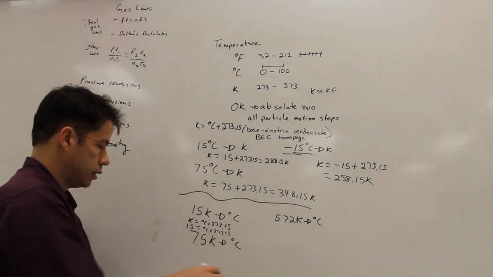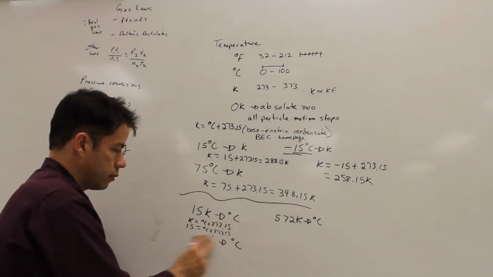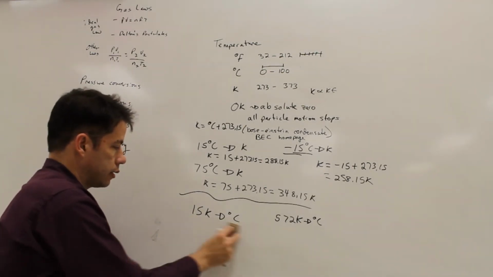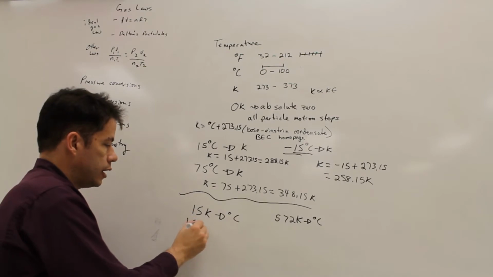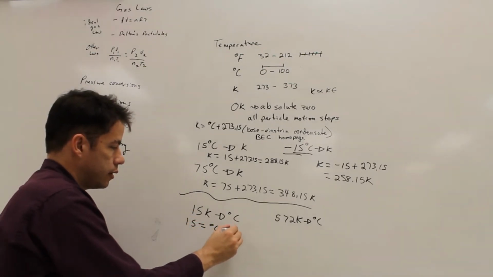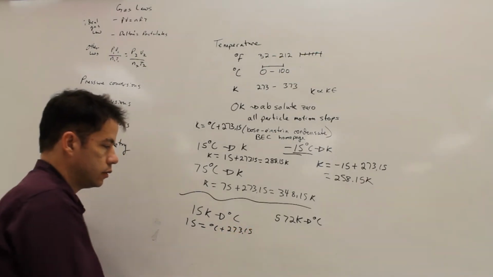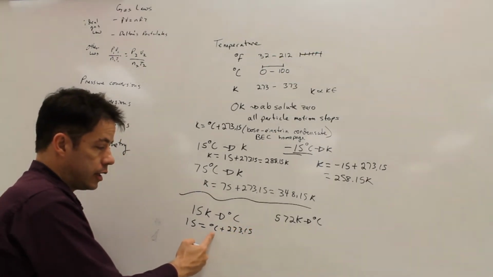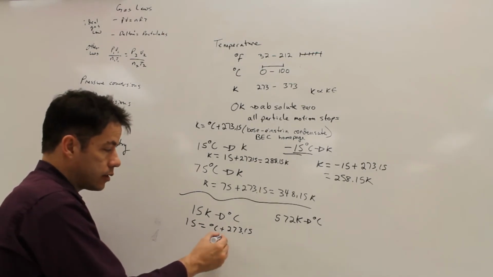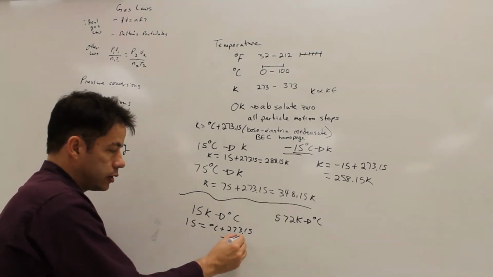Here, I'm going to erase this so we can see it better. Here, I'm just going to rewrite it. So 15 equals degrees Celsius plus 273.15. We're looking for degrees Celsius, but we're adding to it. So if I'm adding to it, I've got to subtract from both sides.